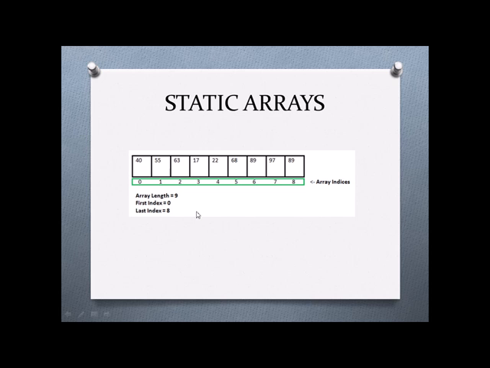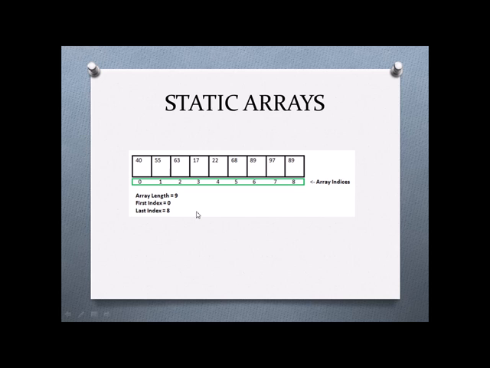So moving forward, if you want to increase the size of a static array, first of all, for static arrays we need to define the size of the array before initializing it. Otherwise a static array won't work.